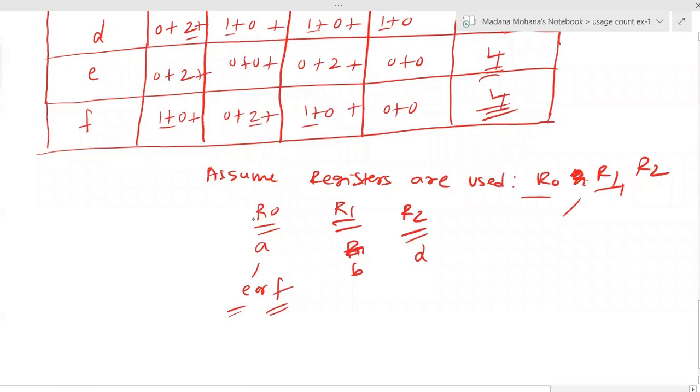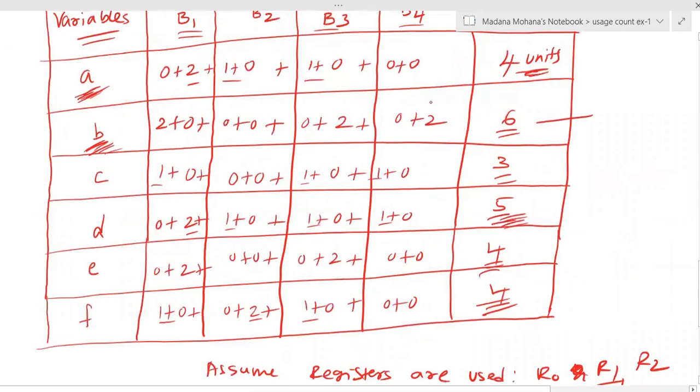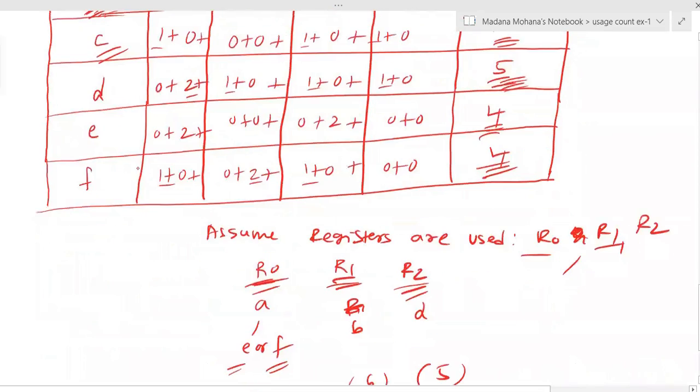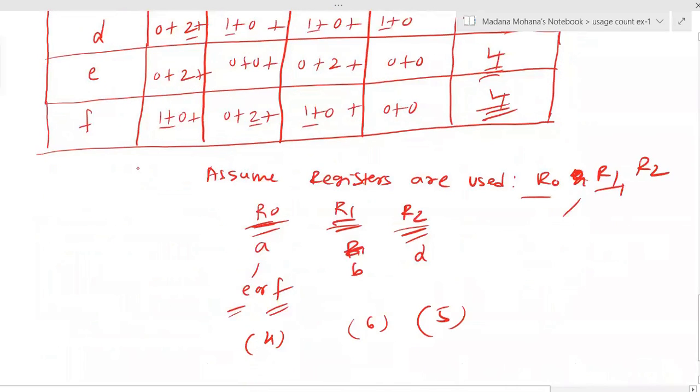Why? Because same usage, you can use R0 only. Then others here having cost 4, 6, 5 with optimal utilization R0, R1, R2. Highest usage counts will be first allocated in the registers. Later, whichever is leftover, that is C is leftover, that can be stored later in other registers like R4, I mean R3, like that.